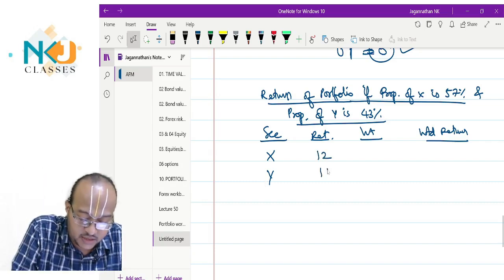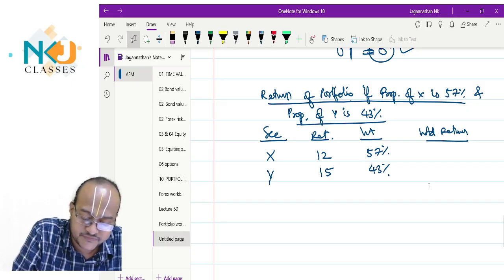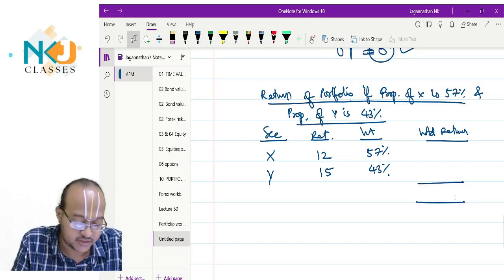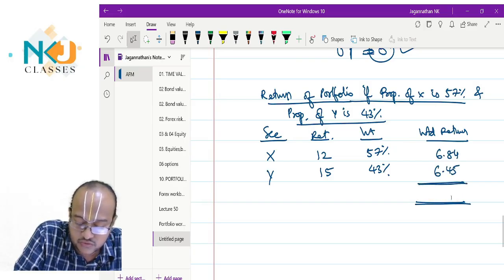What is the weight for X? 57%, 43%, 0.57, 0.43. What will you get? 12 into 57%, 6.84. Then 43 into 15%, how much is that? 6.45. What is the total of these two? 12.9. Portfolio return is equal to 12.9.